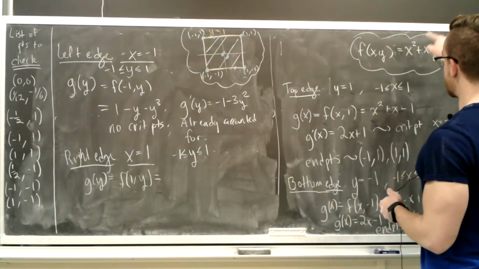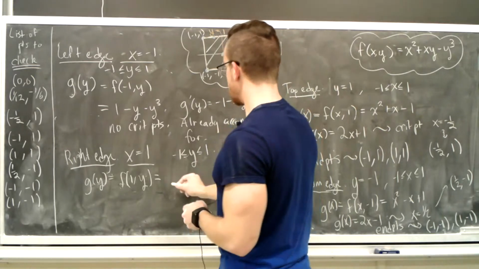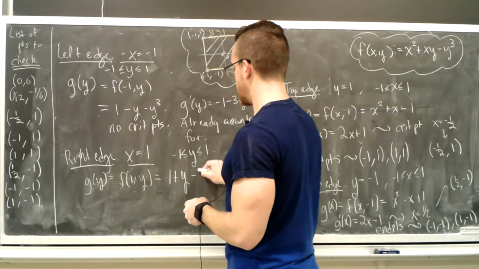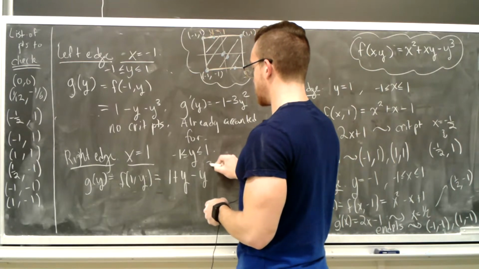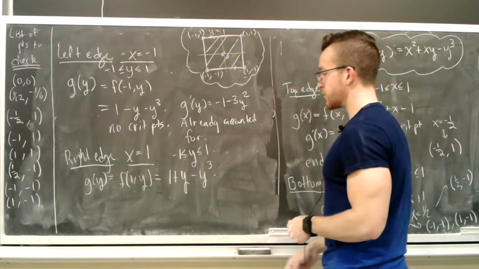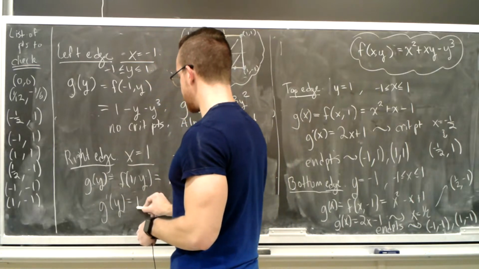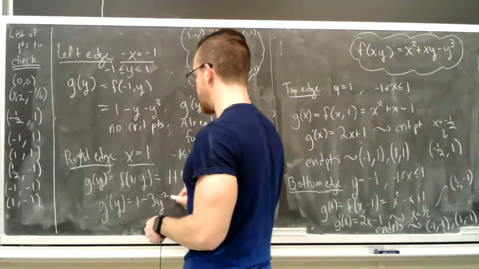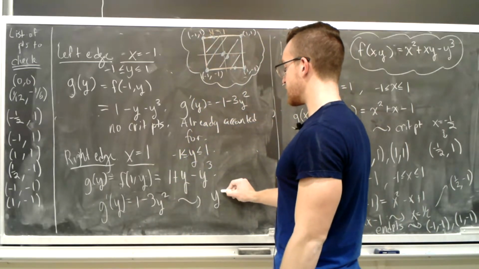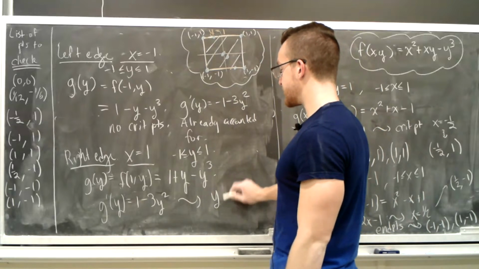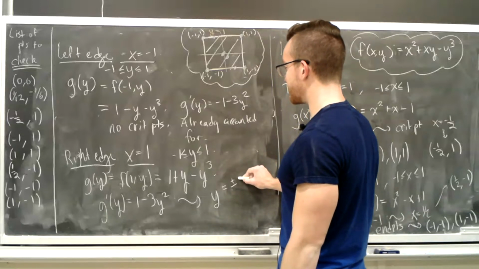Oh, which is 1 plus y, damn it, minus y cubed. Unfortunately, I think this will have critical points because g prime of y is 1 minus 3y squared. And so we're going to get critical points when y is plus or minus the square root of 1/3.